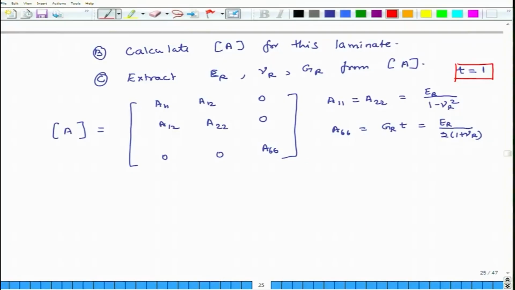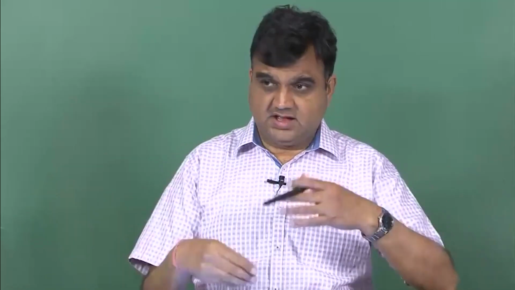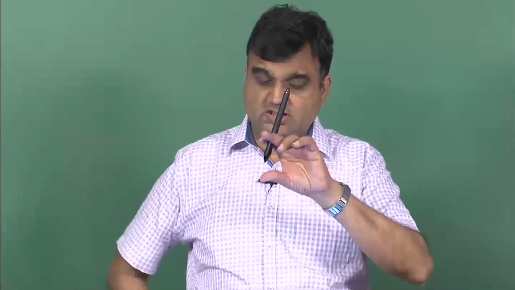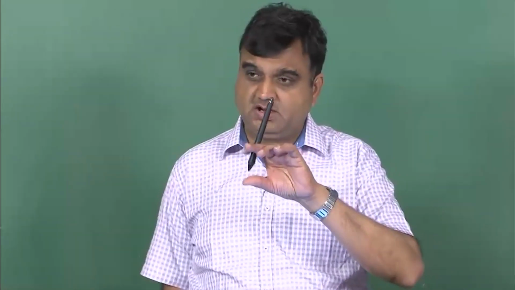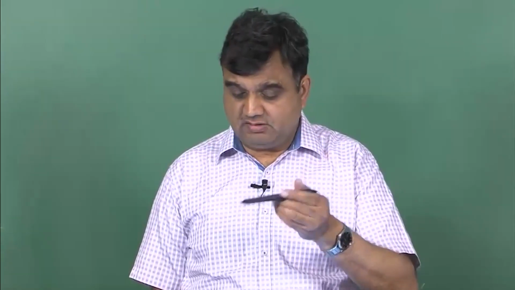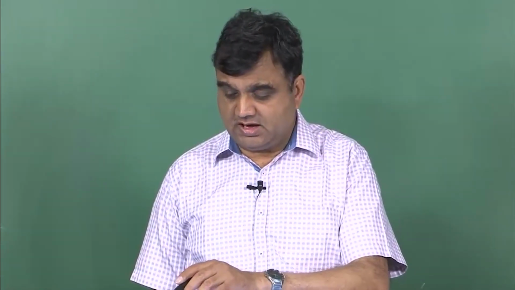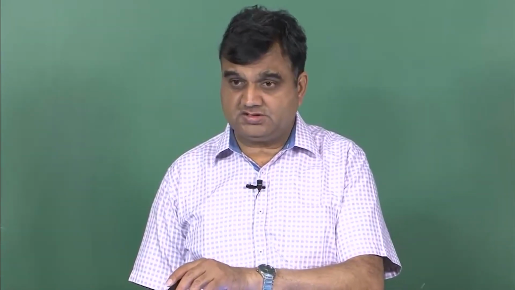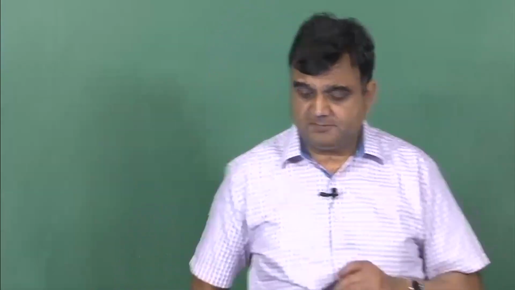Now, if there is a randomly oriented laminate, it has only 1 ply, because everything is randomly oriented. So, the overall thickness of that randomly oriented laminate is unity, and what will be its A11? It will be ER times T, T is 1, divided by 1 minus nu R square, and so on and so forth. Okay.